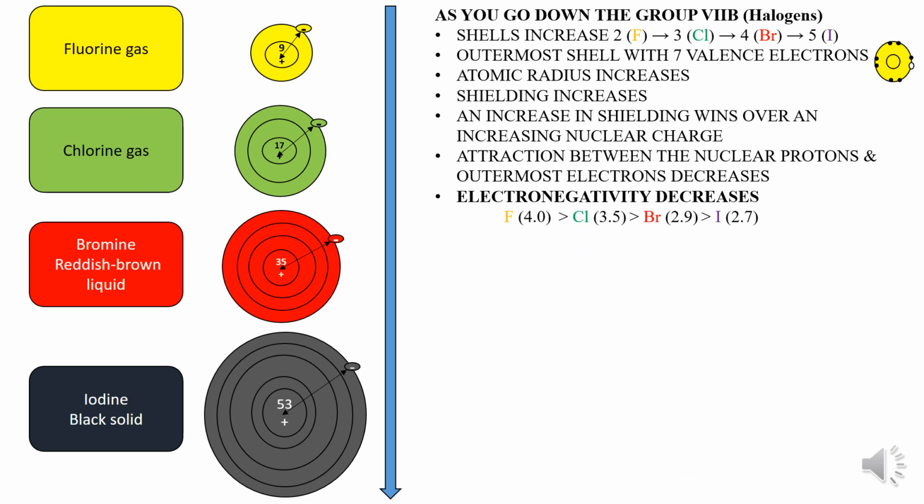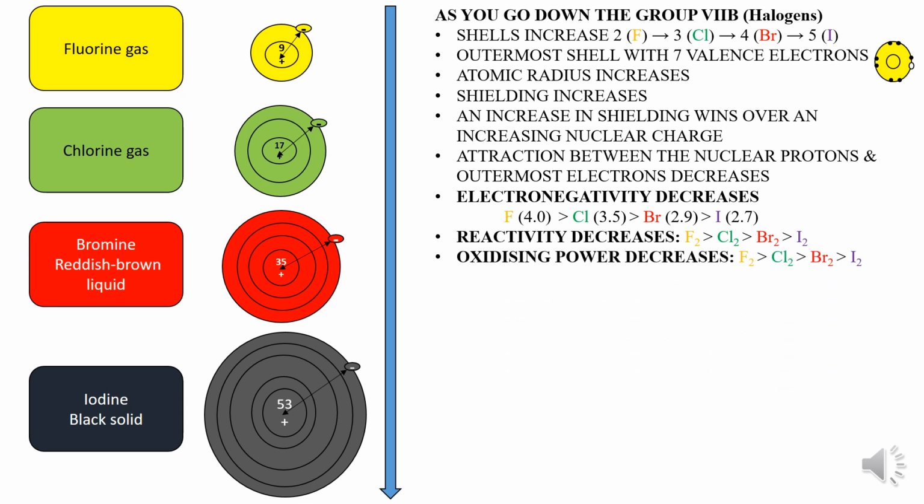Now as we go down the 7th group, the electronegativity decreases, and the reason for the decrease in electronegativity will be explained in detail later in the video. And the reactivity also decreases going down the group. Reactivity of halogens generally is referred to in terms of their oxidizing power. So oxidizing power decreases going down the group.